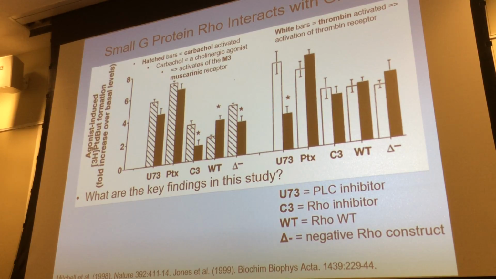So you could assume then that, since these are G-protein coupled receptors, they're probably working through what kind of heterotrimeric G protein that could activate phospholipase C? Gq. Or how about phospholipase C gamma? What was activating that?